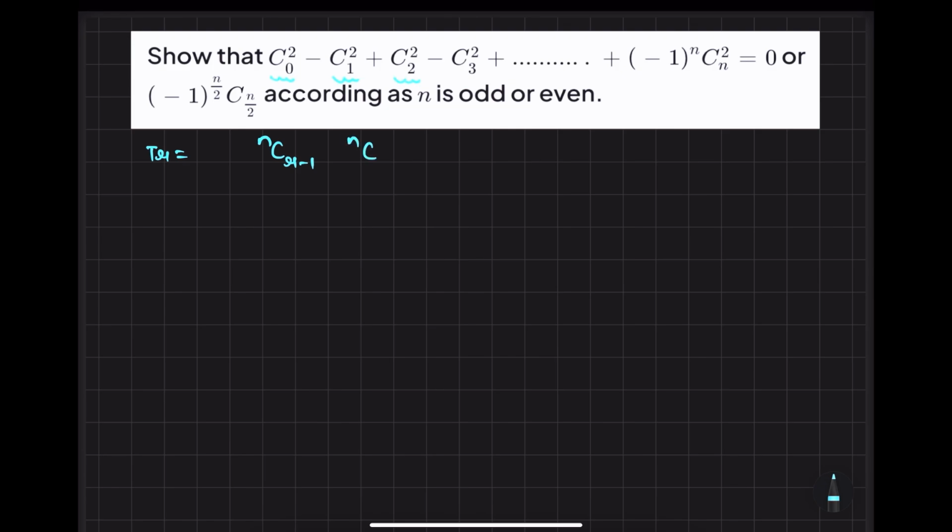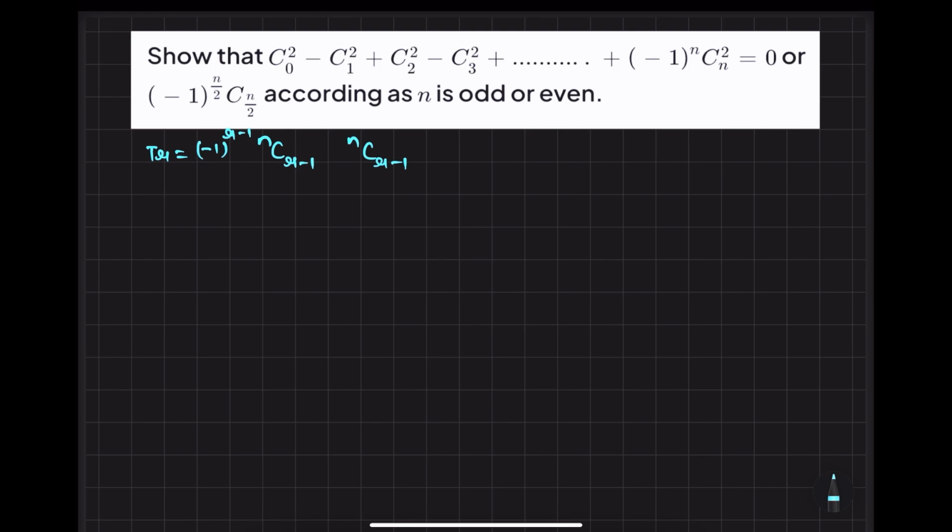And also if you observe, you have 1 as the coefficient of the first term and minus 1 as the coefficient of the second term. So can I say that it is minus 1 power r minus 1?